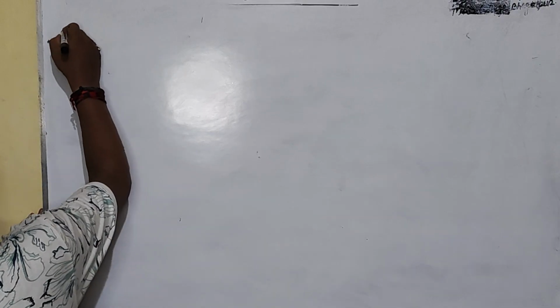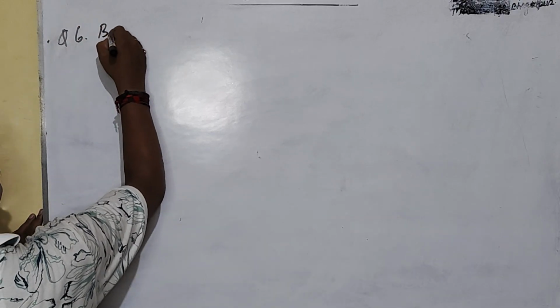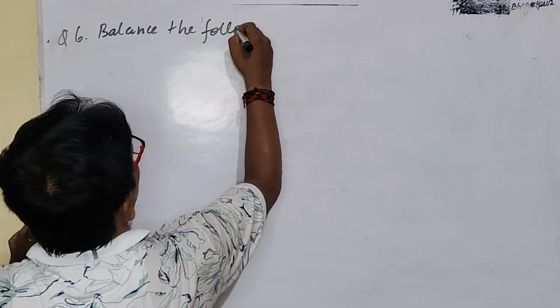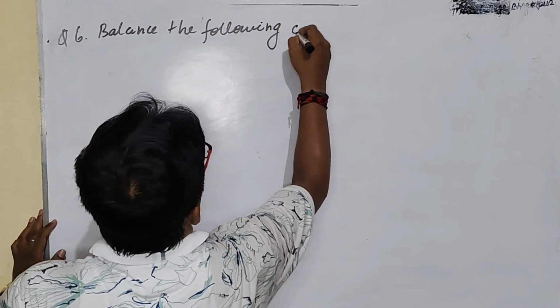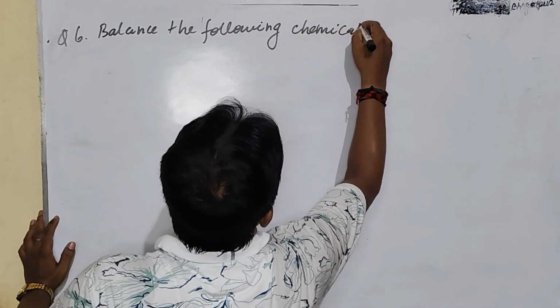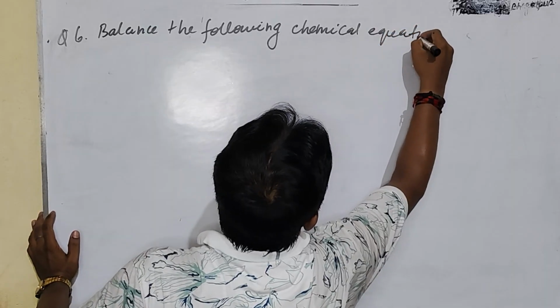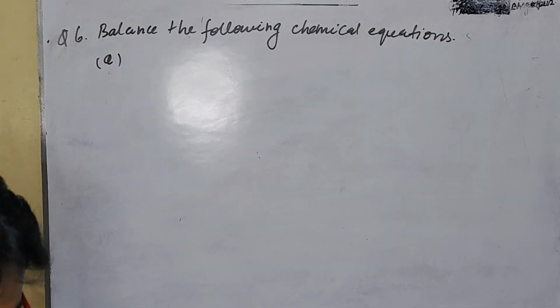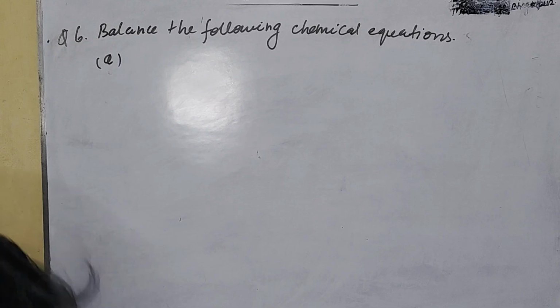The question number 6, balance the following chemical equations. Okay, so the A number is from the NCERT book.